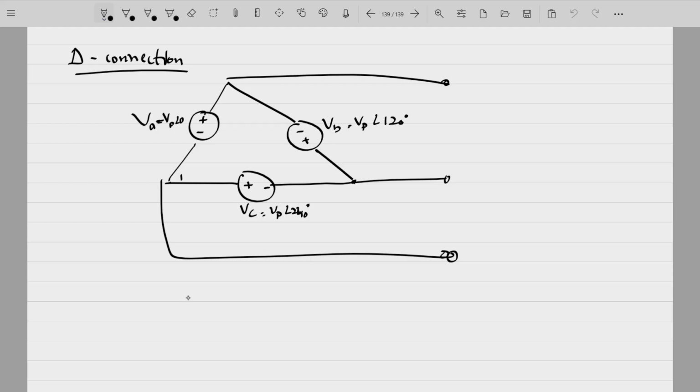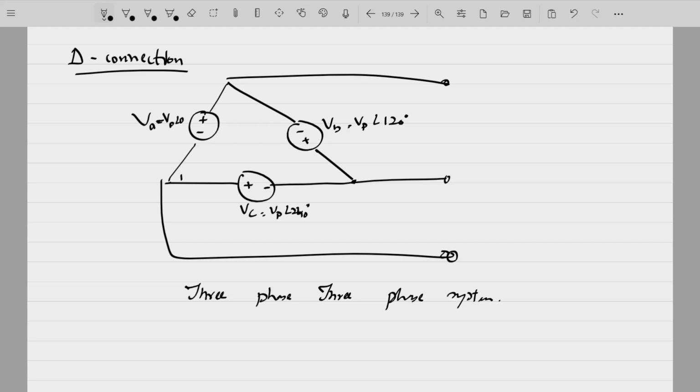But in case of a delta connection, you will simply have a three-phase three-wire system. There is no common point between the three AC voltages. There is no neutral connection here. There will be no neutral path for the current to flow.